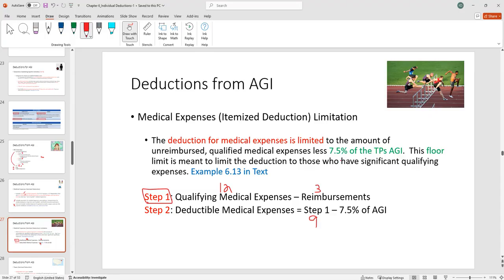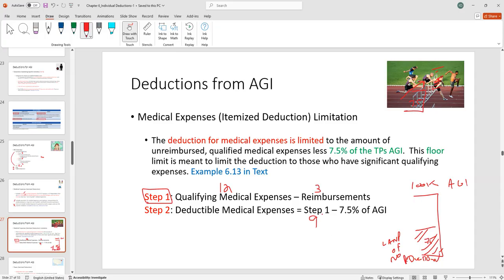In this case, we have a floor that we have to clear. Only to the extent we clear this floor, 7.5% of AGI, is it deductible. Let's take a simple example. Say somebody has 100,000 of AGI. There's all 100,000. 7.5% of it is 7,500. This is the land of no deduction.